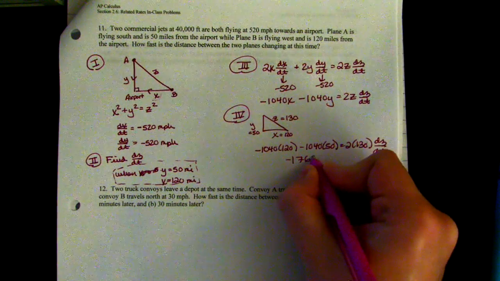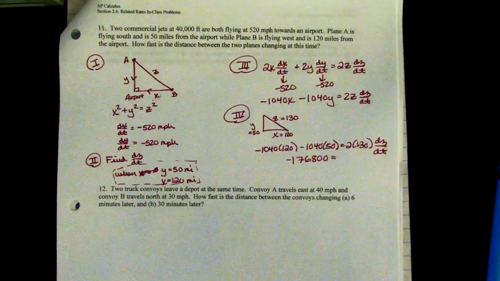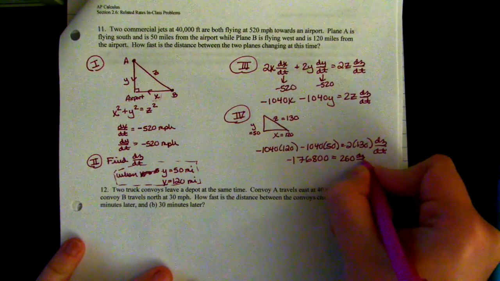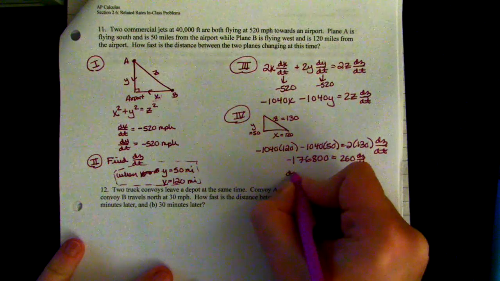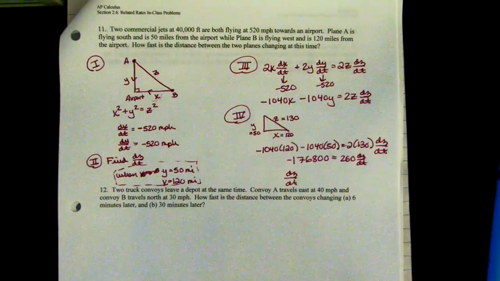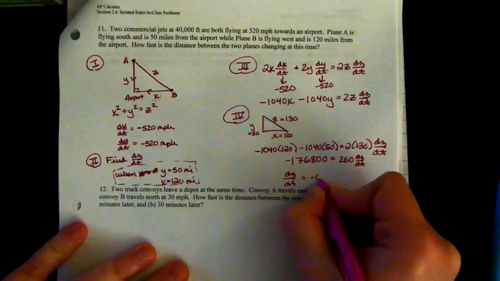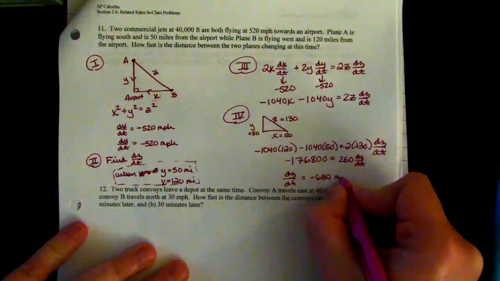Negative 176,800 equals 2 times 130, which is 260, dz/dt. Divide, and even though they're big numbers, I think it's going to be nice, if I remember correctly. Yep, negative 680 miles per hour.